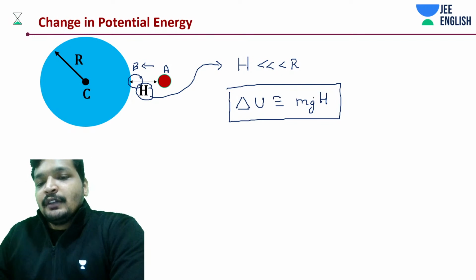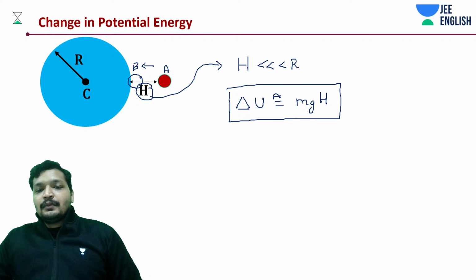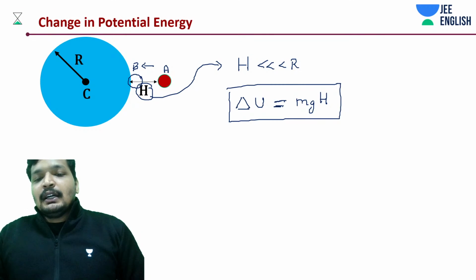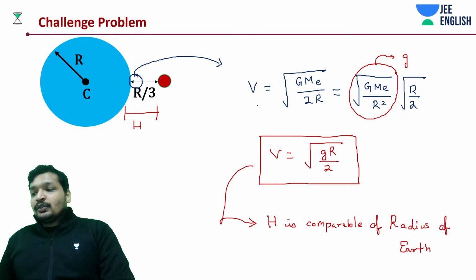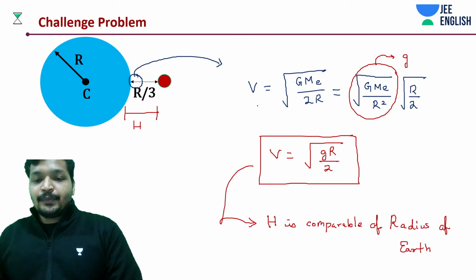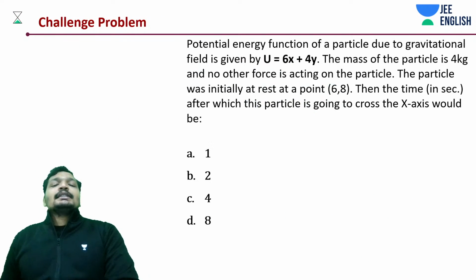The approximation, of course. That's it. It's the easiest form that we ever come across, but typically this is how you are supposed to do it if the height is comparable to the radius of the Earth. Okay, alright guys, that's it.